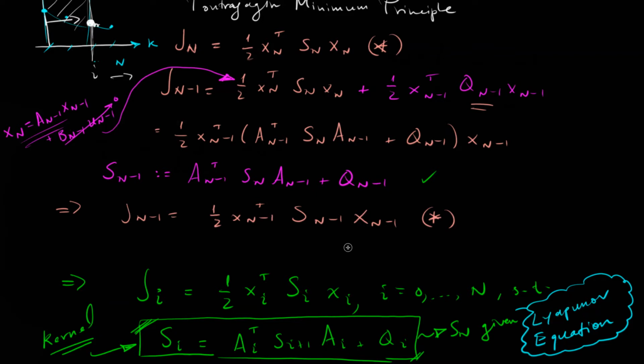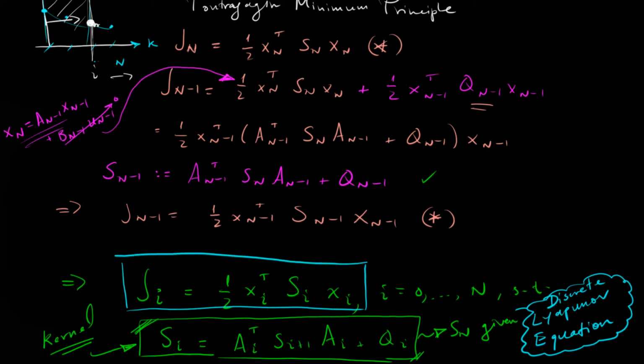In this case, it's called the discrete Lyapunov equation, but there's also the continuous time analog of it as well. But this is the form of the cost to go. We see that it is in fact a quadratic form itself at every time step, where this kernel satisfies a Lyapunov difference equation.